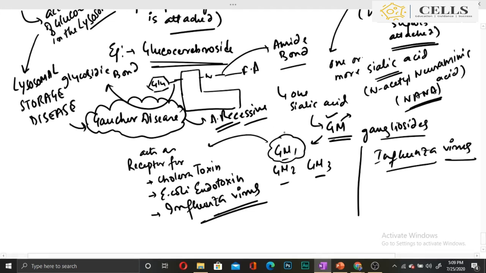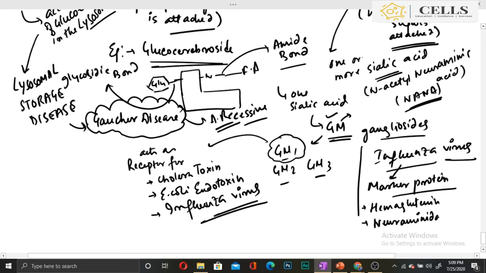What happens? Influenza virus has marker proteins called hemagglutinin and neuraminidase. See this very carefully. You know that in our cell there are several sphingoglycolipids and certain kinds of gangliosides.